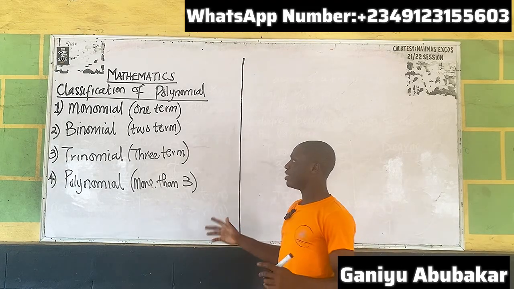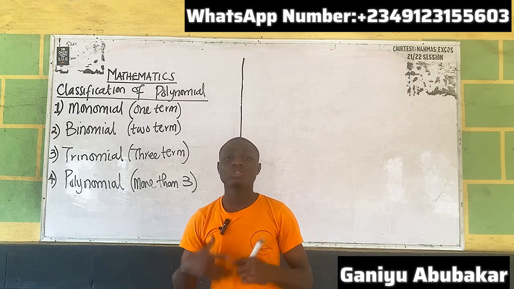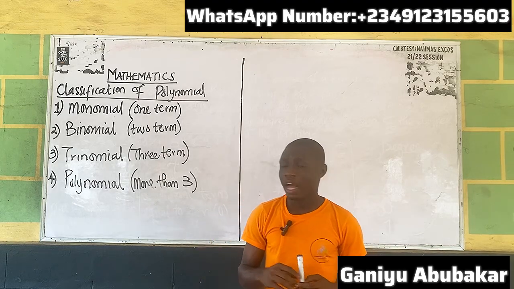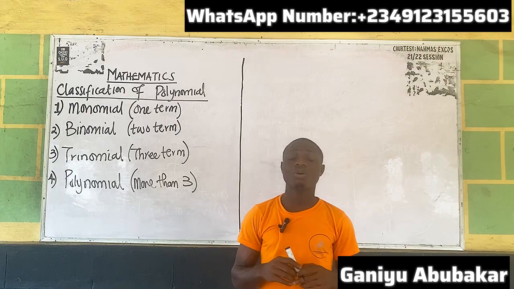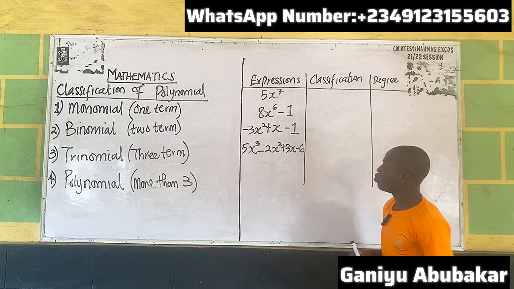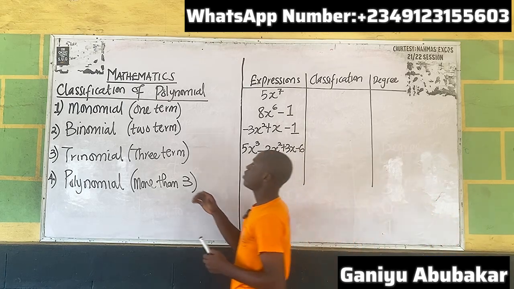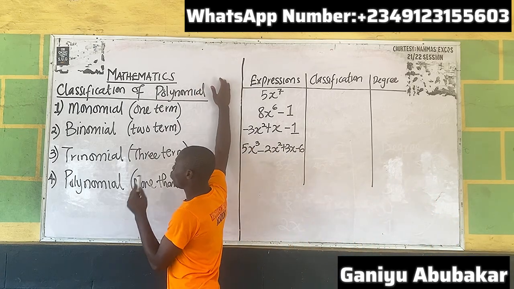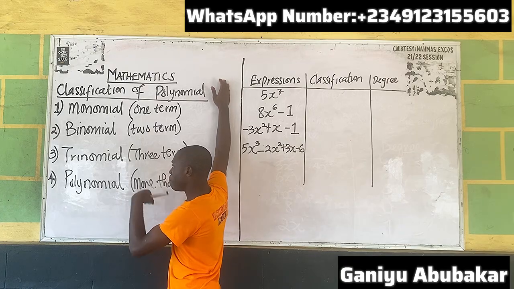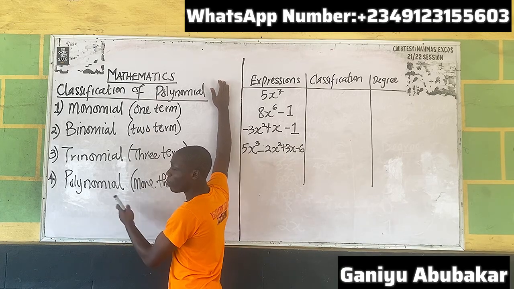So to better understand this concept of monomial, binomial, trinomial, and polynomial, we'll take an example and explain this concept much better. All right, let's try to work on this. First, we said there are four: monomial, one term; binomial, two terms; trinomial, three terms; and polynomial, more than three.